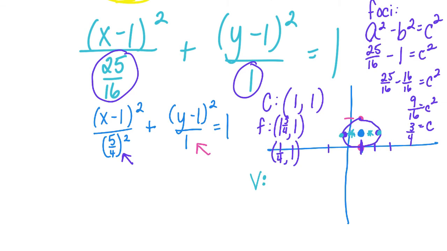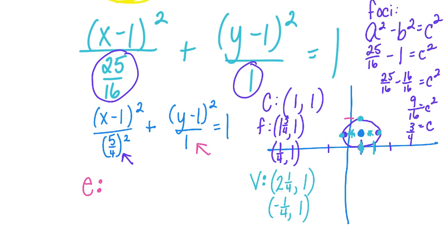So the vertices, we actually named all of them today. You don't need the ones on the minor axis unless they ask specifically. The vertices are on the major axis. So remember that was at 2 1/4. Yes, I can name that 9 over 4 and 1. And remember this one was at negative 1/4 and 1.